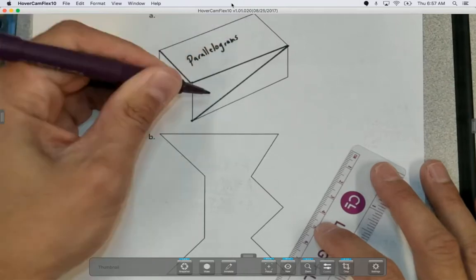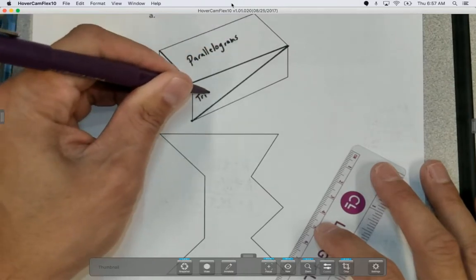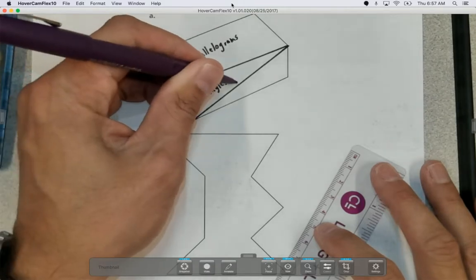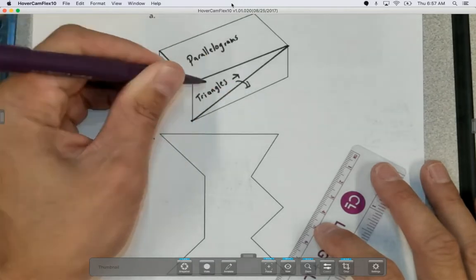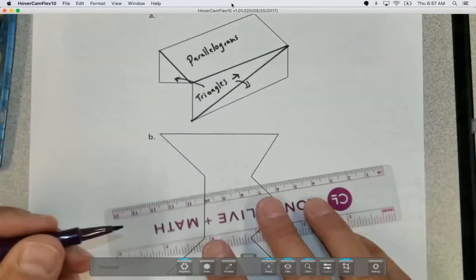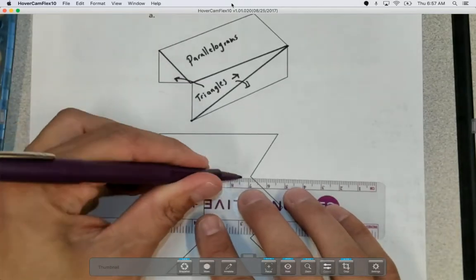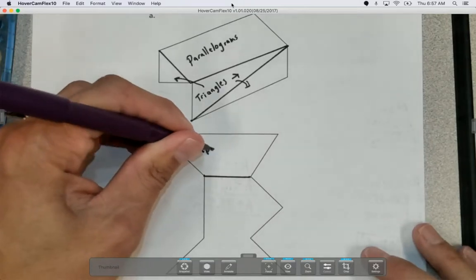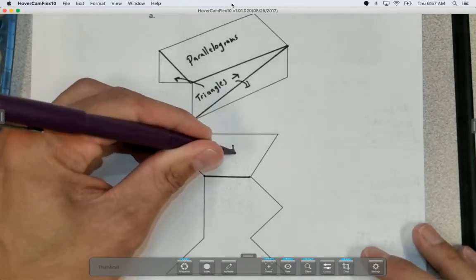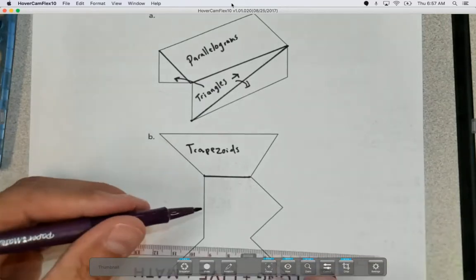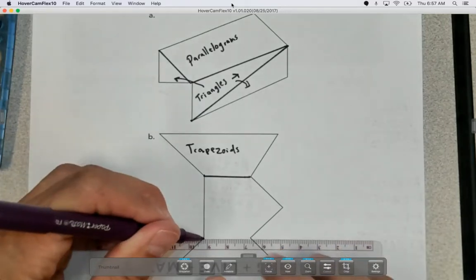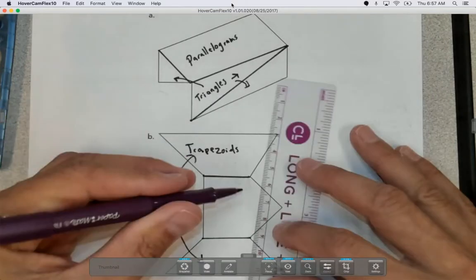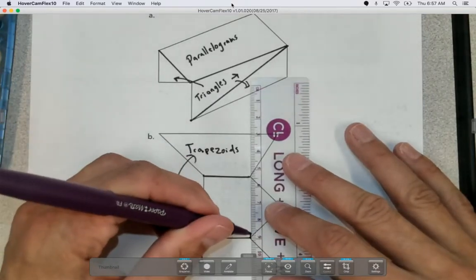We need to make sure we're changing this into triangles so we know how to find the area of triangles. We want to make sure we are changing this into trapezoids because we know how to find the area of trapezoids. We want to make sure that we are changing this into rectangles because we know how to find the area of rectangles.